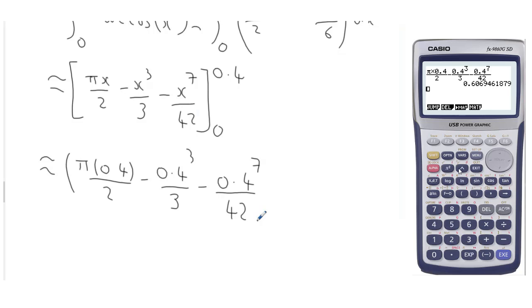And that gives us an answer of 0.606946. So we'll say that's approximately equal to 0.607.